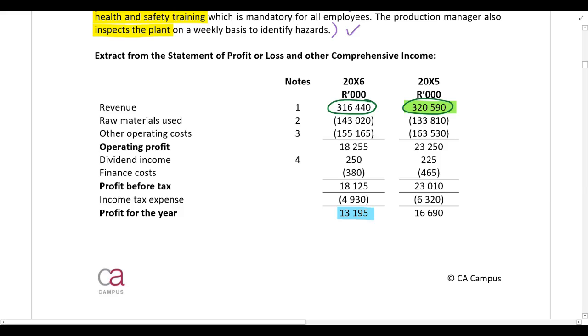Then in order to calculate margins, so for example, the operating profit margin or the net profit margin, you just take operating profit and you divide by revenue. Or you take net profit and you divide by revenue. So these are all very straightforward calculations. You should definitely not have a problem with any of these calculations.